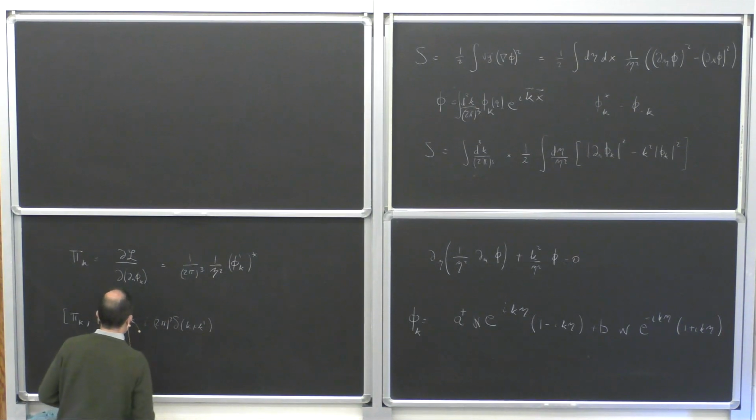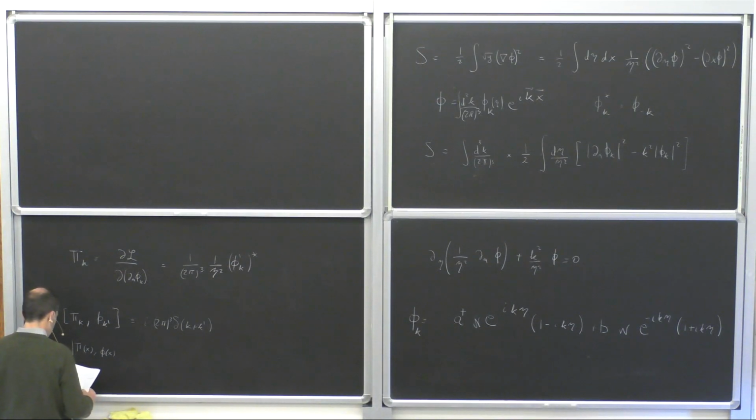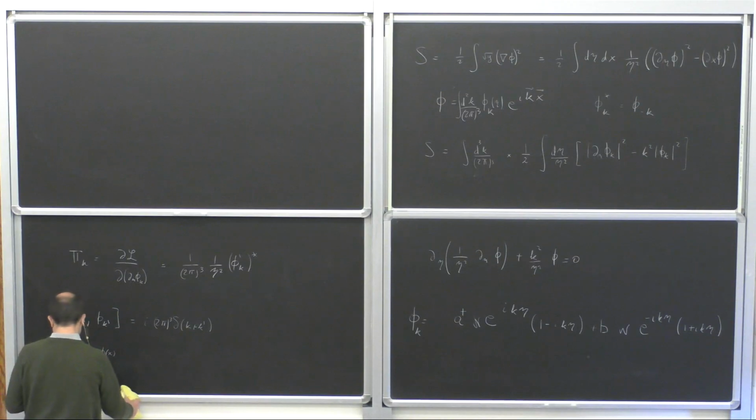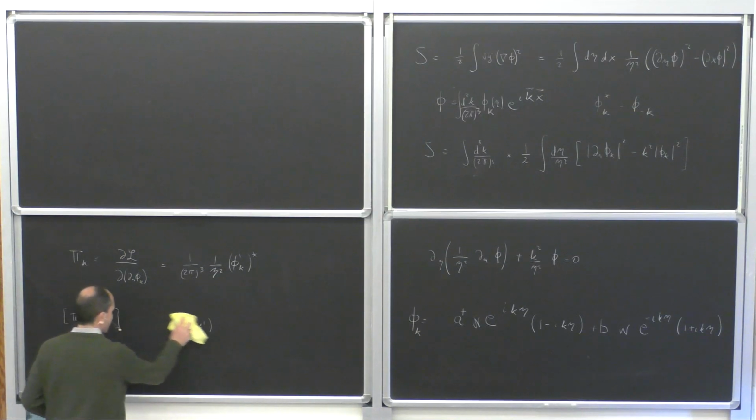All right, so in position space, we have that, let's say, pi of x, phi of x, right? Okay, no, I guess I'm now confused about the 2 pi. But, okay, let's just derive this more precisely.